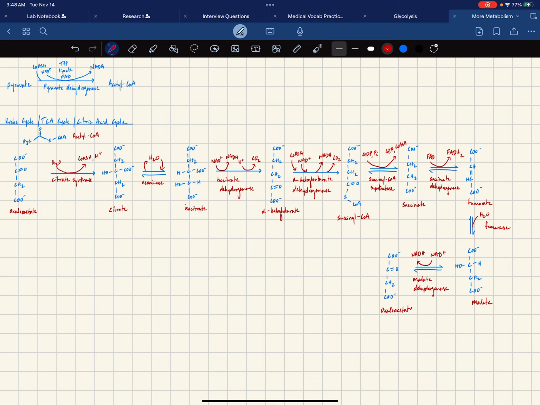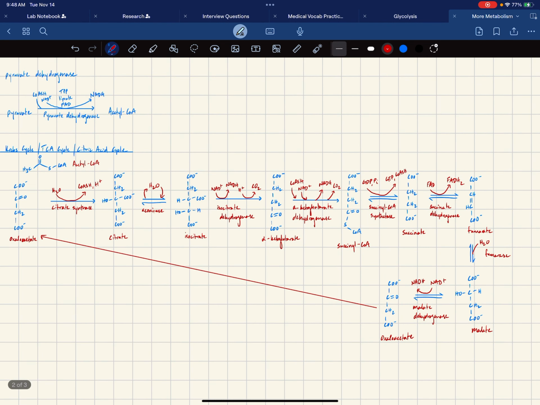Once we get oxaloacetate, that feeds back into the beginning of the pathway, and then this cycle can keep repeating itself as long as there are acetyl-CoAs available. So that's the TCA cycle. Hopefully that made it seem a little less intimidating than it looks, because I know this one has a very bad reputation among the cycles that you'll have to memorize.